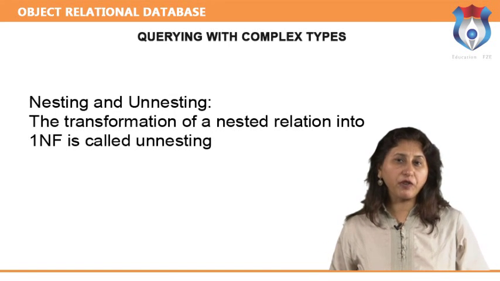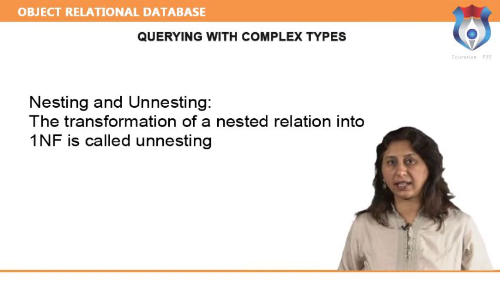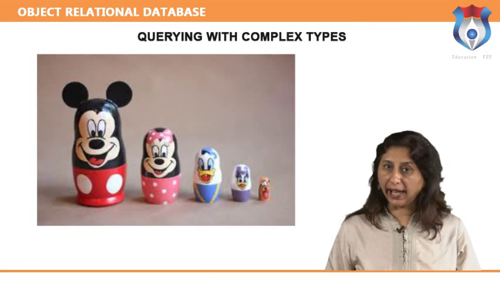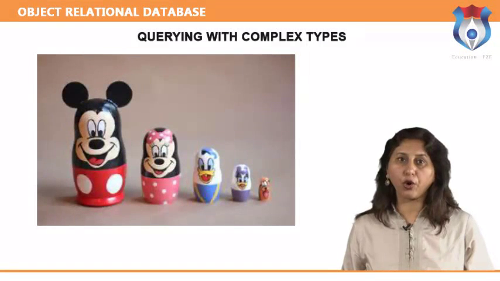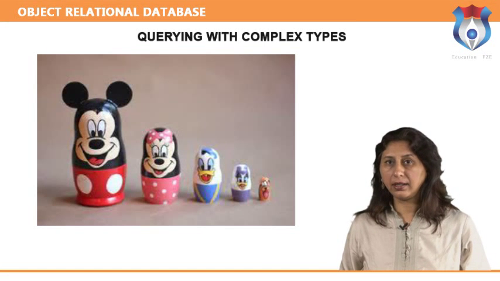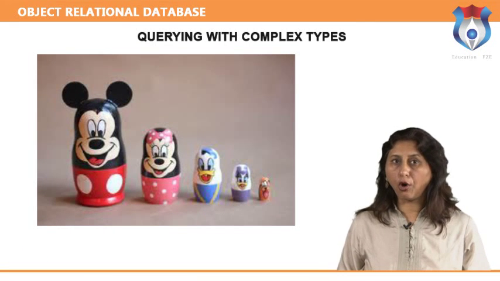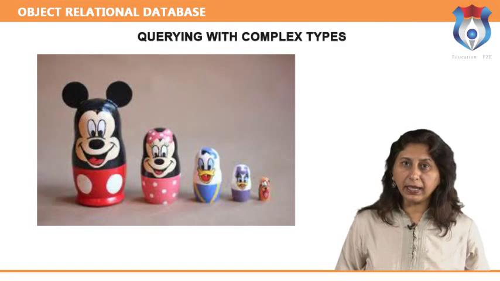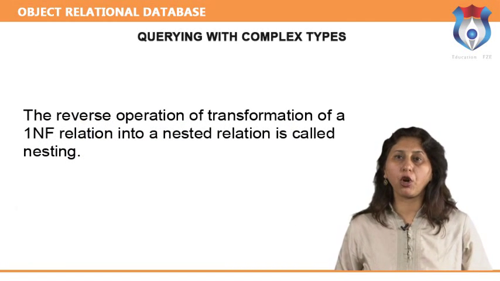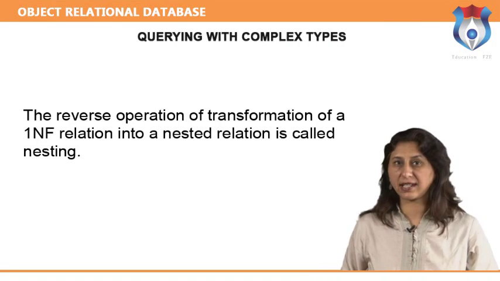The transformation of a nested relation into 1NF is called unnesting. Example: to completely unnest the doc relation, we have select name, A as author, date.day, date.month, date.year, K as keyword from doc as B, unnest(B.author list) as A, unnest(B.keyword list) as K. The reverse operation, transformation of a 1NF relation into a nested relation, is called nesting.